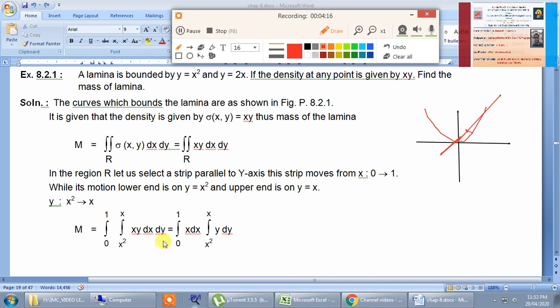Now to find the limits, you need to take a strip parallel to the x or y axis. So let us take a strip parallel to the y axis.